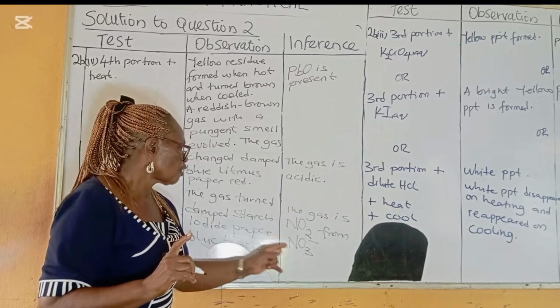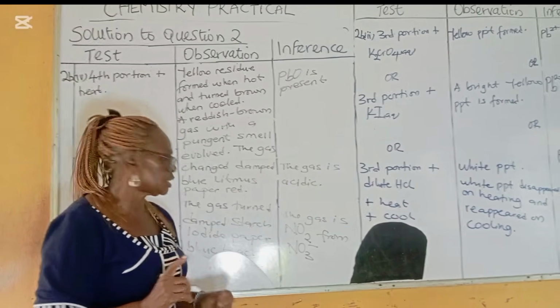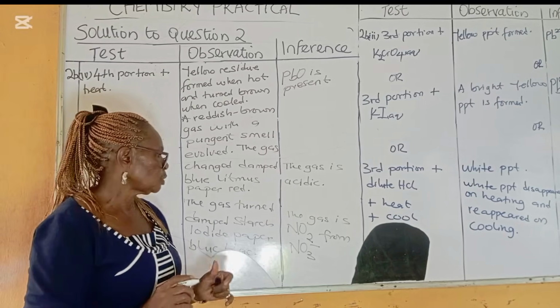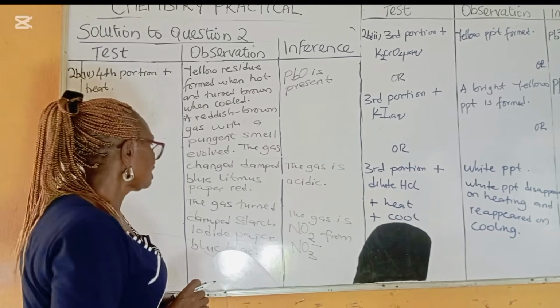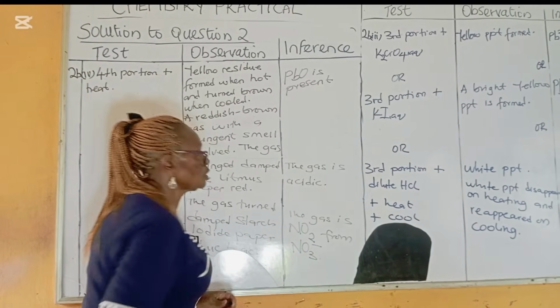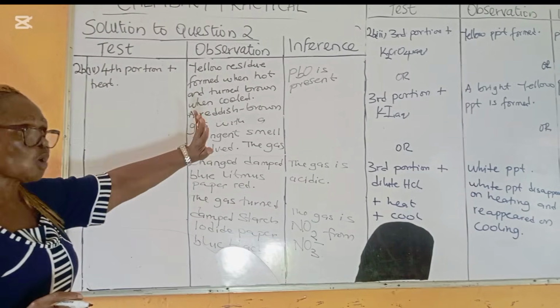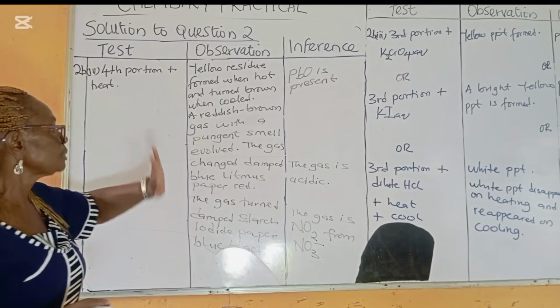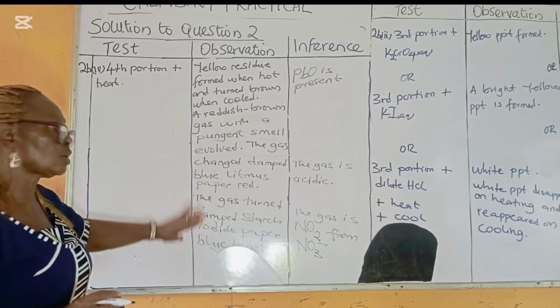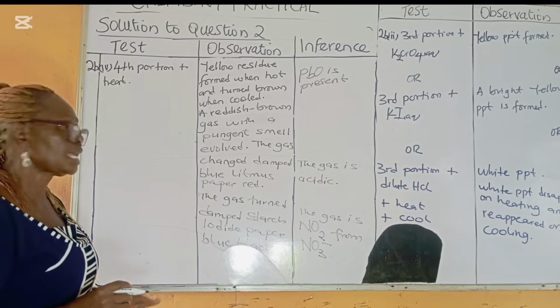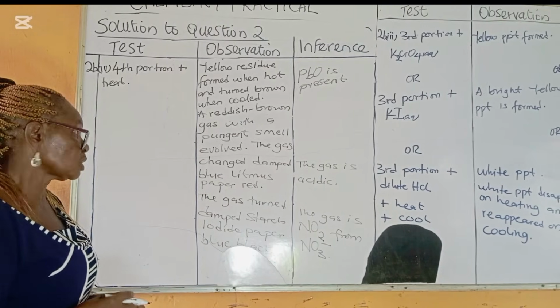From where? From nitrate 5 ion, which is NO3 minus. So that's for the anion test. Remember, we are done with the cation, which is lead ion. This time is the test for the anion, which is the NO3 minus.